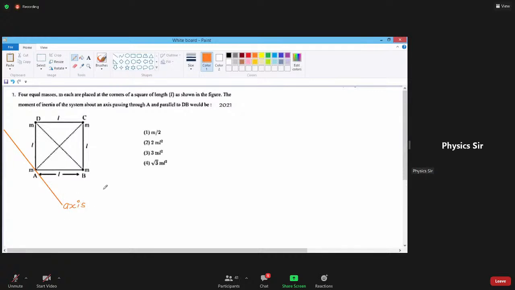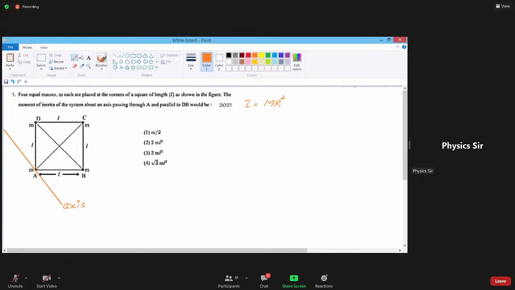चलो आगे बढ़ते हैं. Now, as I have to calculate the moment of inertia about this axis, I'll feel very happy if I can get the answer. What is the formula for the moment of inertia, bachcha log? The formula for the moment of inertia is mr square.